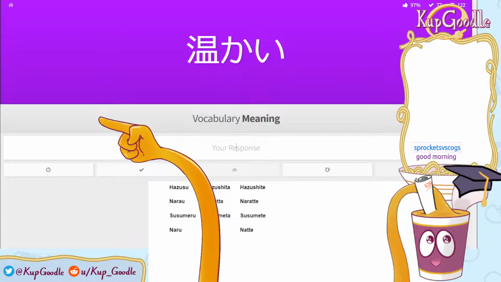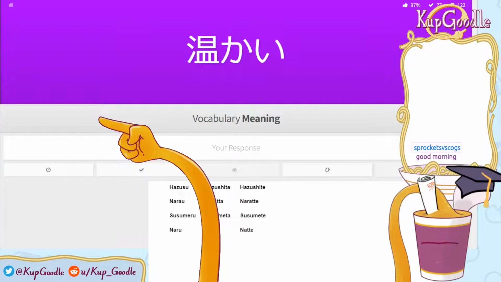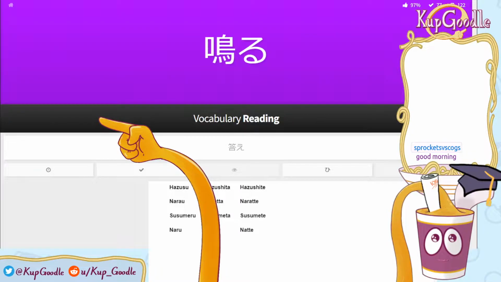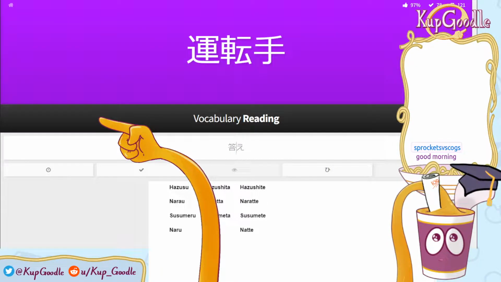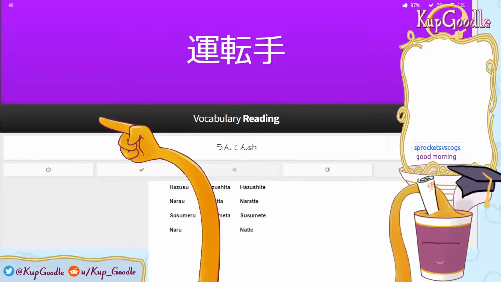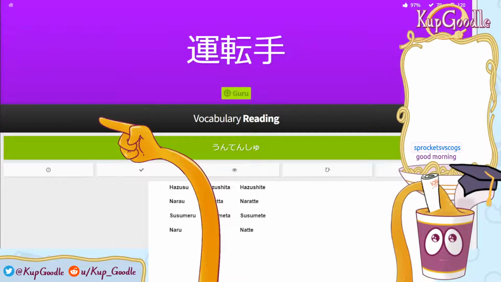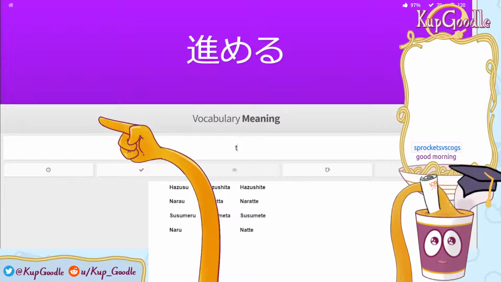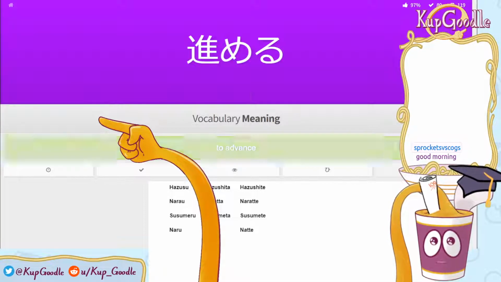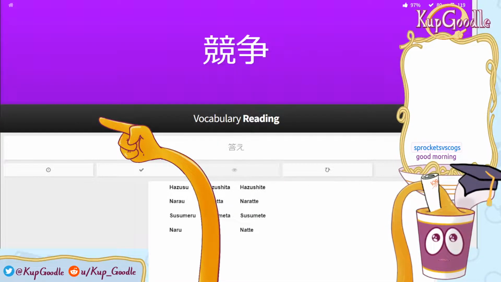Atatakai. Warm is atatakai. Naru. Untenshu. Untenshu. Susumeru is to progress or advance. To advance. Kyoso.